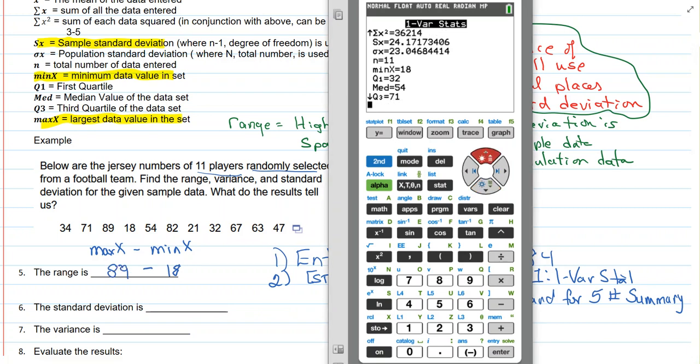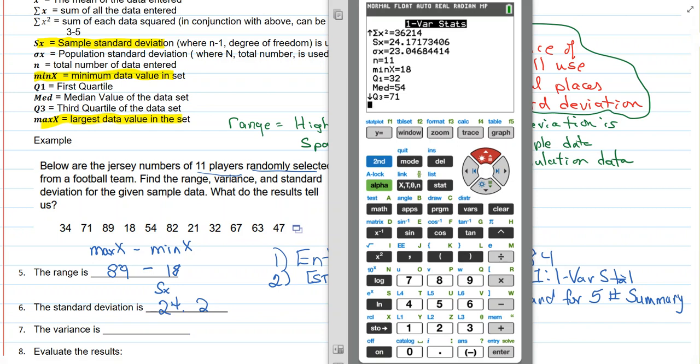Okay, so I'm going to arrow up. I need the standard deviation. So my standard deviation, we're going to do two decimal places. So the standard deviation is the Sx, and we want 2 decimal places, so it's 24.2.